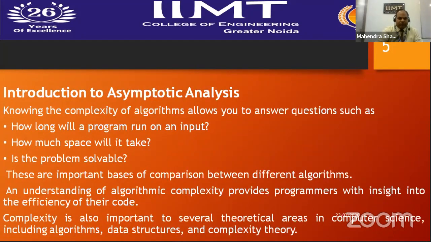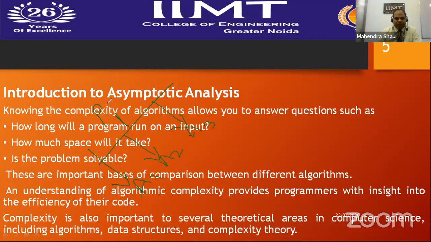Now, introduction to asymptotic analysis. The question is, why is asymptotic analysis required? As we know, there may be more than one approach to solve any particular problem. Suppose you are given a problem P1 and there may be more than one approach to solve it, say A1, A2, A3.